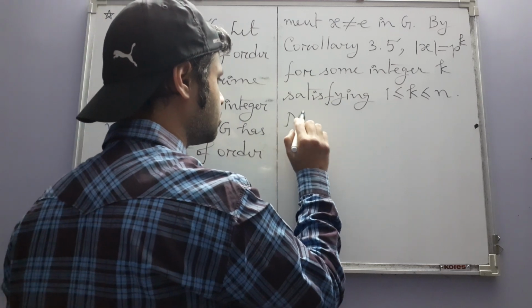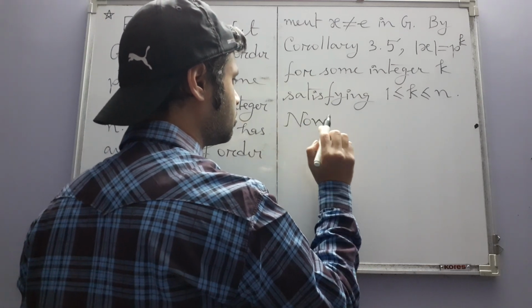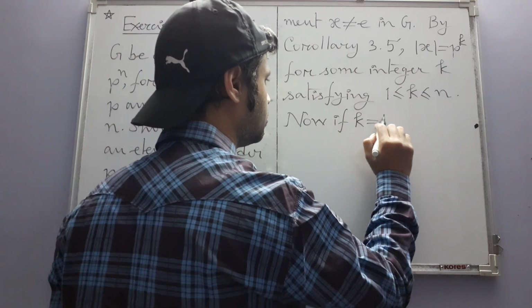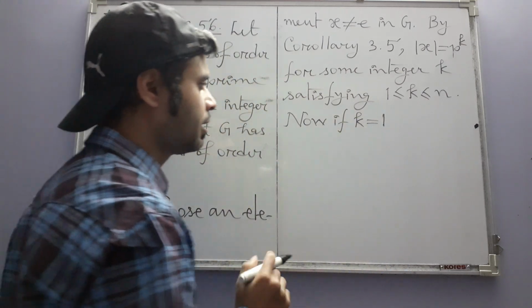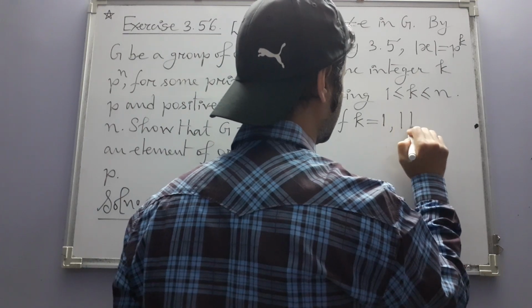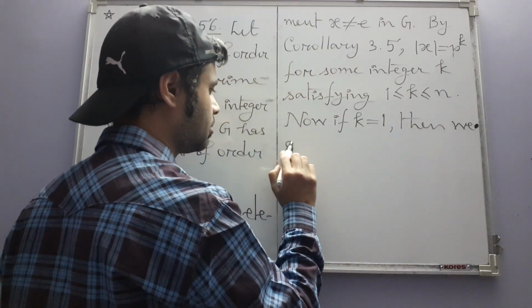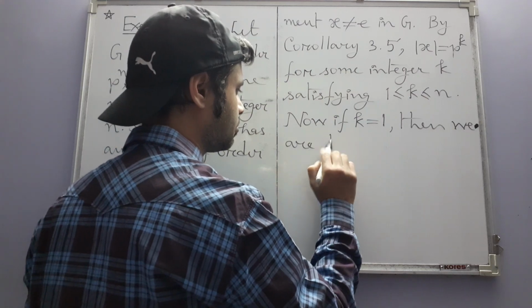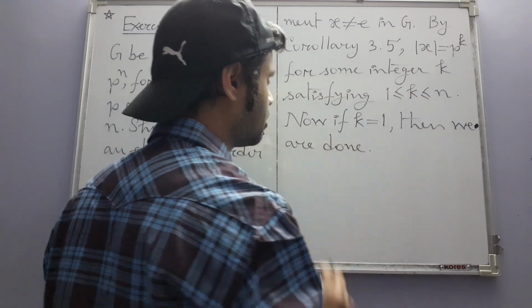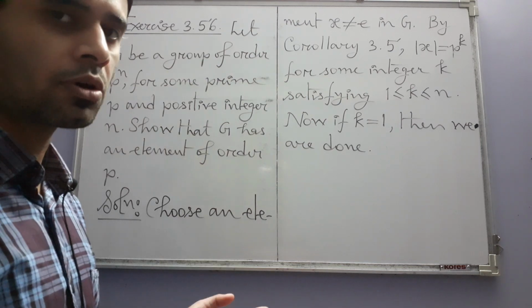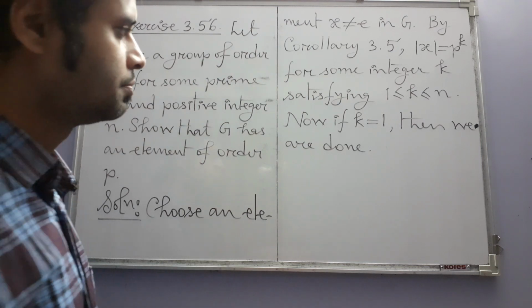Now, if k is equal to 1, which may very well happen, then we are done, because in that case x itself is an element in G whose order is p.